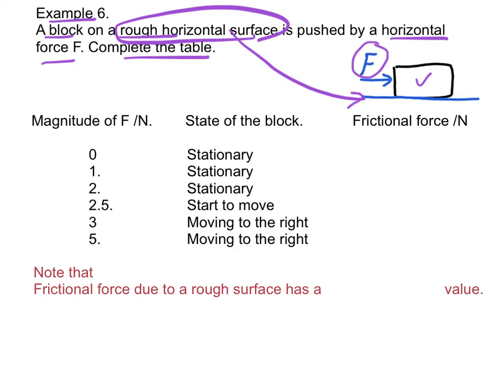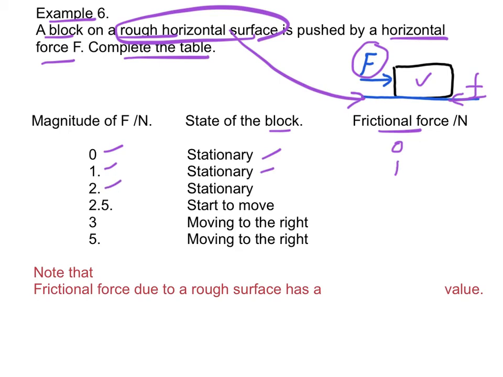If the pulling force is 0 and the block remains stationary, then the frictional force acting on the block is equal to 0 Newton. However, if the pulling force is 1 Newton and the block remains stationary, then the frictional force is also 1 Newton.